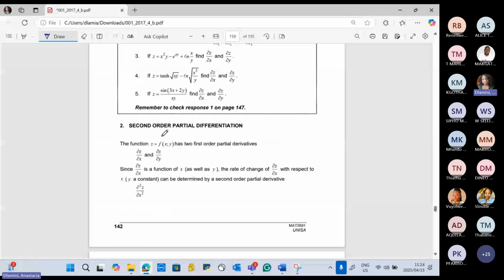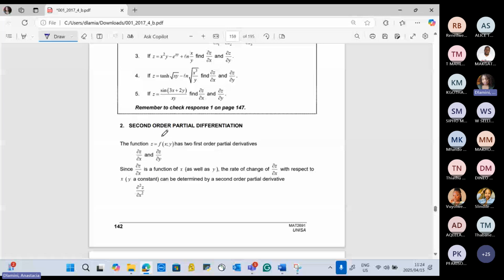And then we come to second order partial derivatives. Remember we did our first order, so in this case, we'll only do the first order and the second order. We won't go further like how we did with ordinary differential equations. So let's look at our second order partial differentiation. They say the function has two first order partial derivatives.